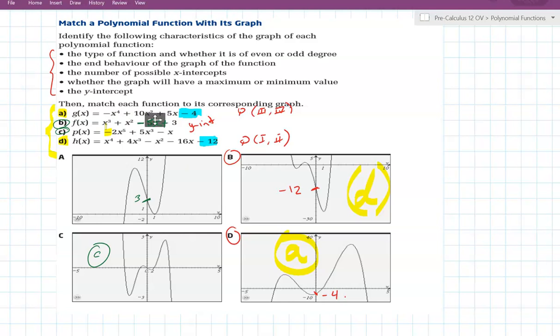Excellent. And then obviously equation B belongs to graph A.